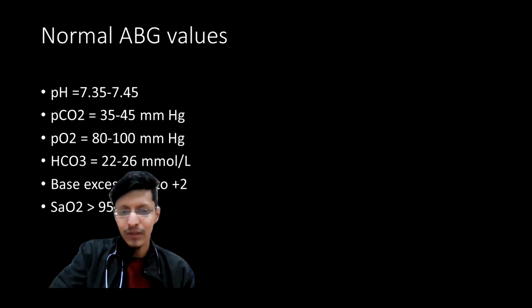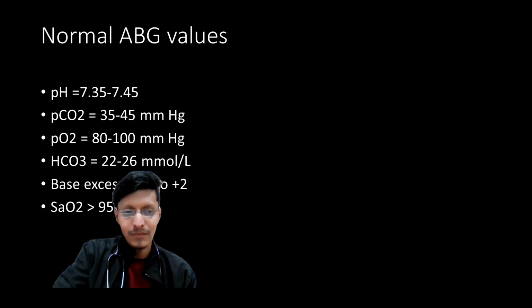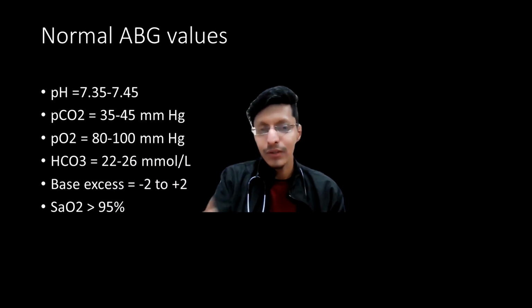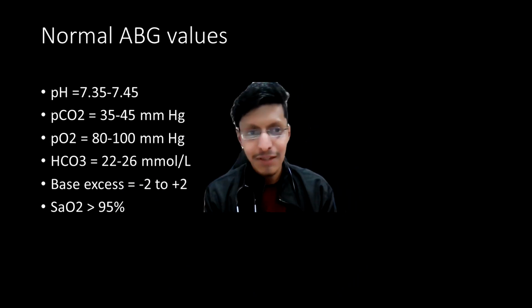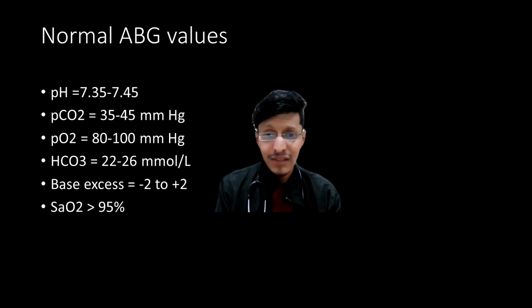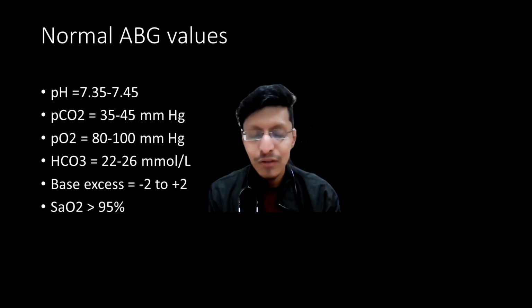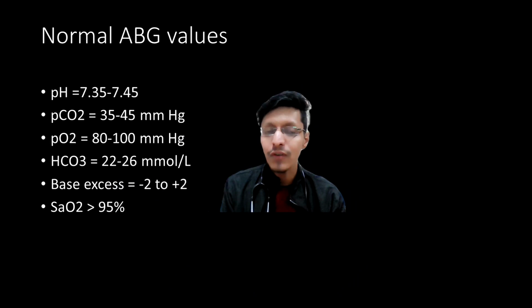This is very, very important. I used to forget the normal values in my UG and PG days. Personally, I'm not good at values, so I used to forget these, but they are very, very important. The normal pH is 7.35 to 7.45. The normal PCO2 is 35 to 45.